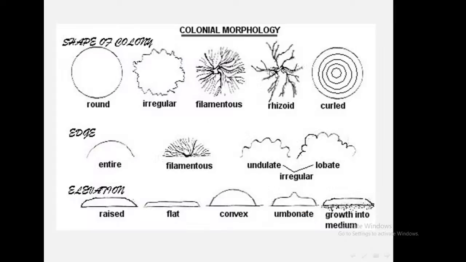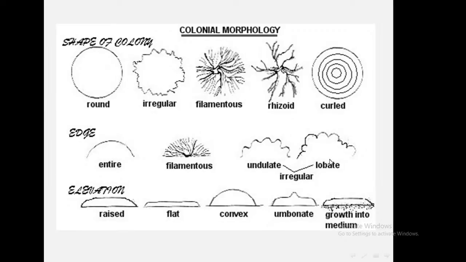See various shapes of colonies: round, irregular, filamentous, rhizoid, and edges like entire, filamentous, undulate, and this is lobate. Next, elevation: raised, flat, convex, umbonate, and growth into the medium.